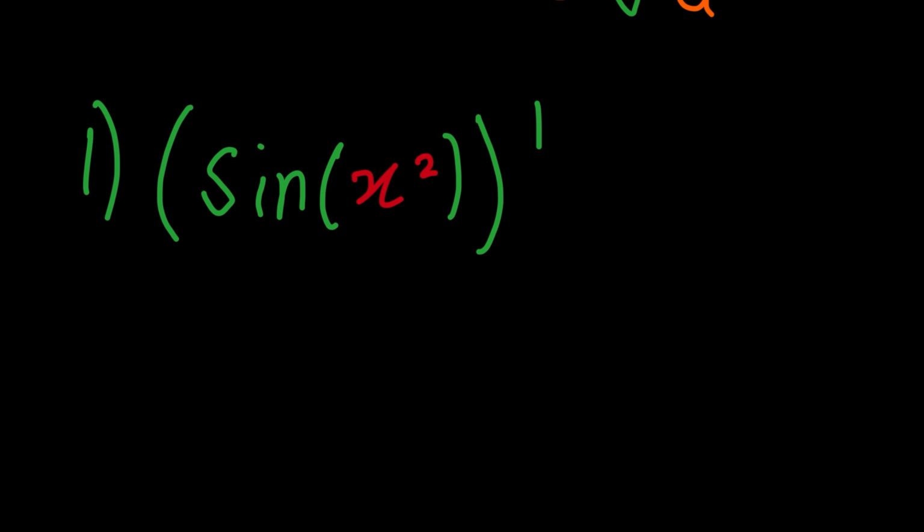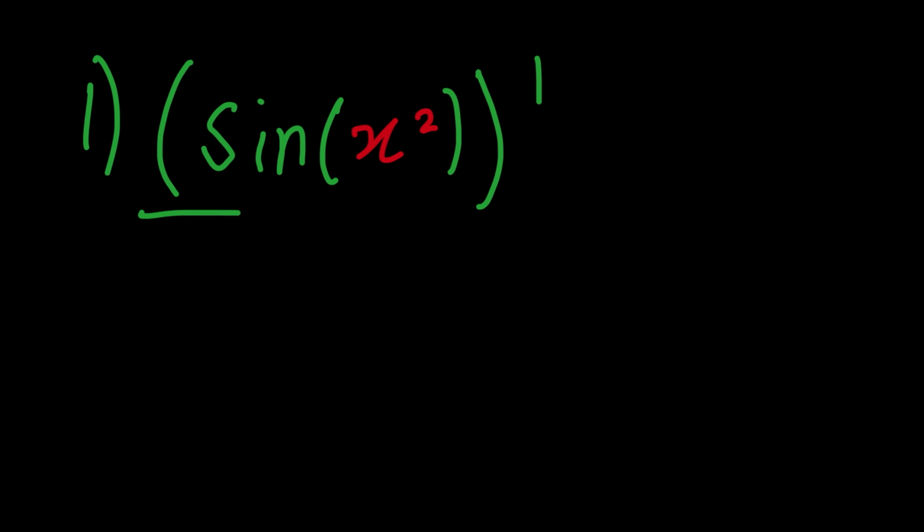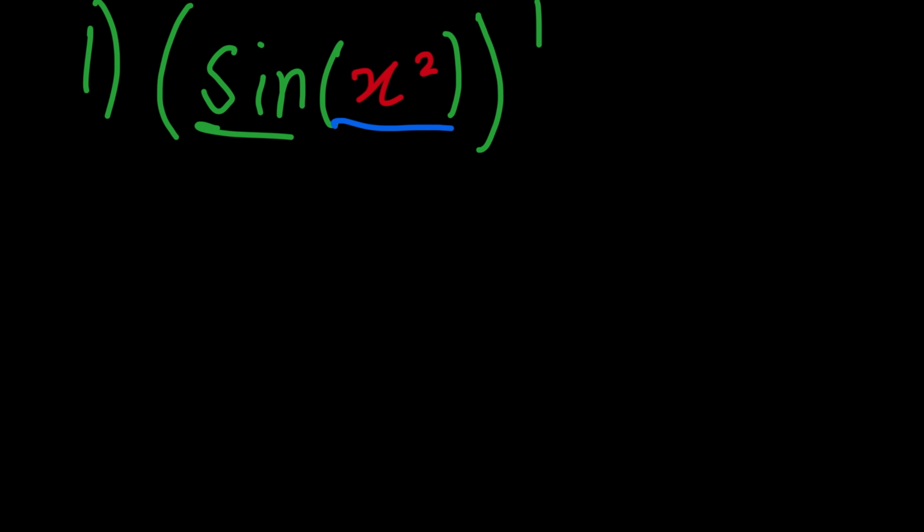First off, we start again with derivatives because U-substitution is going to relate to this derivative question. So let's start with this, the derivative of sine x squared. Since there's an inner function being x squared and an outer function being sine, we'll have to use chain rule.